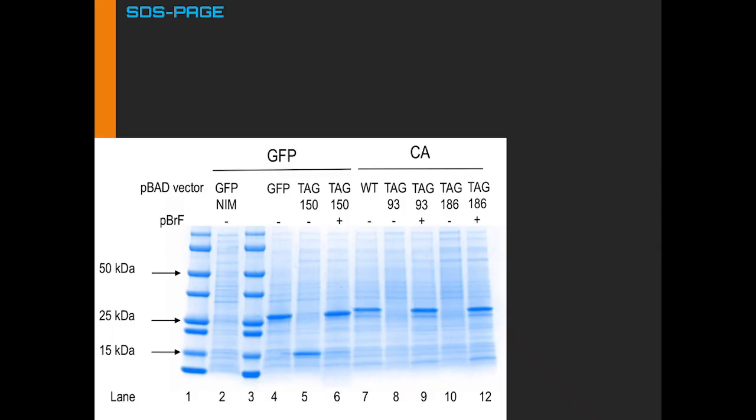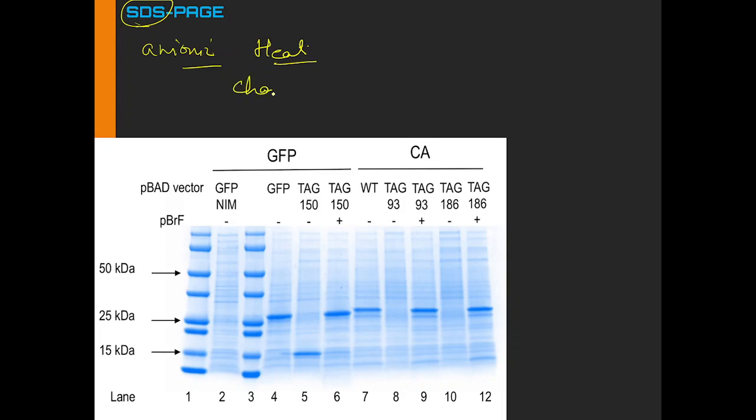The next technique people use here is SDS-PAGE. In SDS-PAGE you use a reagent called sodium dodecyl sulfate, which is an anionic detergent. You also use heat, so you are basically denaturing your proteins.